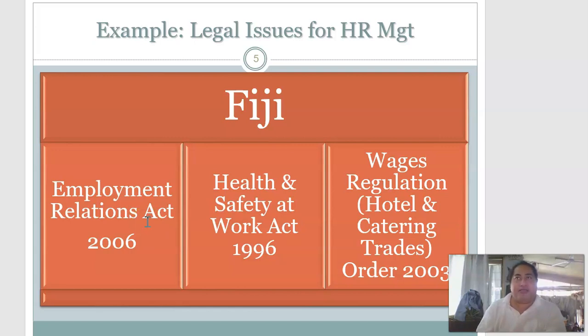What are the maximum hours of an employee, such as an executive chef? What other benefits are given to them? In more detail, you get the wages regulation and hotel catering trades order. Hotels look into this order and find out the minimum wage rate for a particular job.